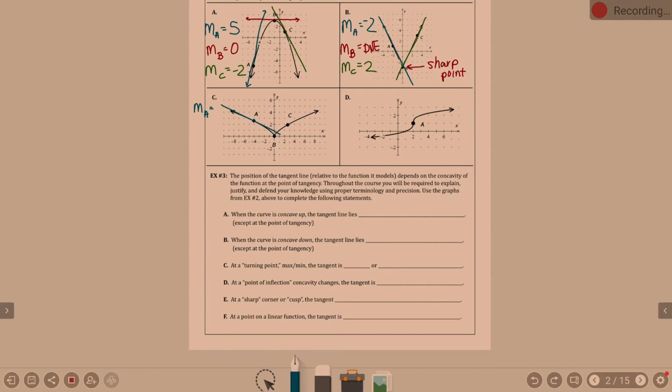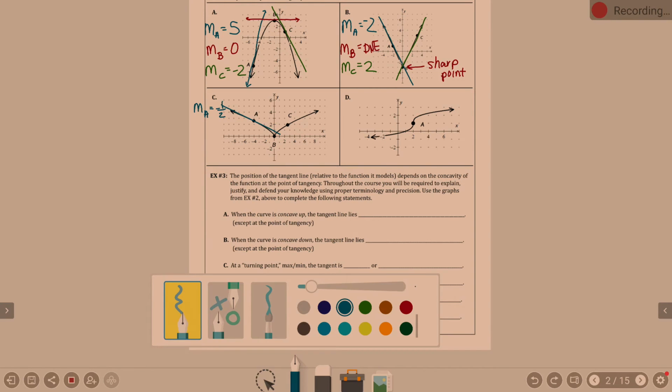Okay, so ballpark here, right? Negative 1/2, negative 1/3. Are you getting something along those lines? Should be negative, should be a fraction. I'll put negative 1/2 because that's what I have in my notes, but I'm not going to argue negative 1/3 either. It's very subjective here. Let's go ahead and do C and we'll come back to B again.